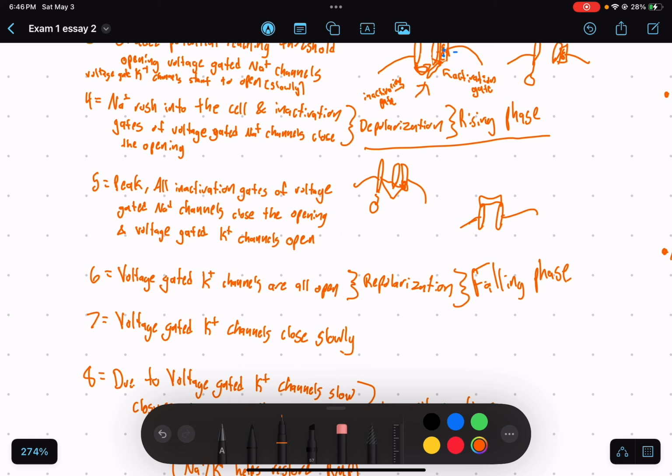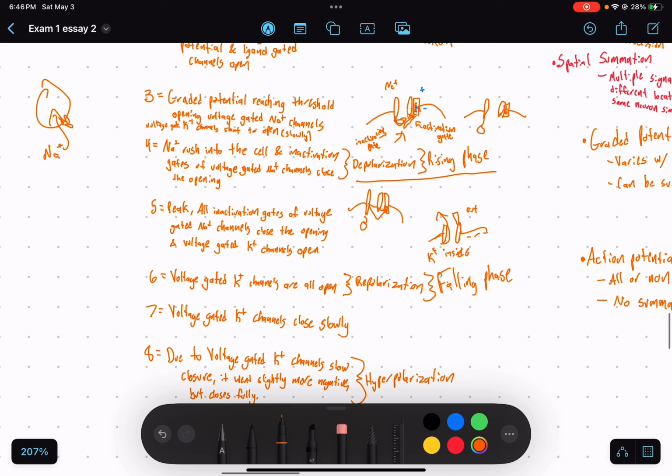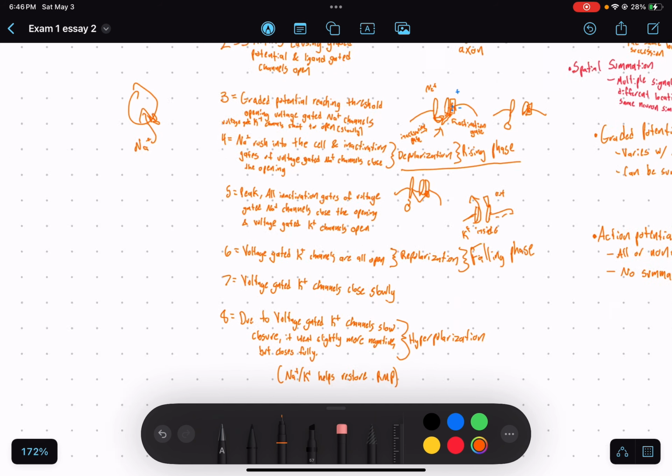And whenever that opens, it's going to allow the potassium to leave the cell, making the cell more negative, which we see at 6.